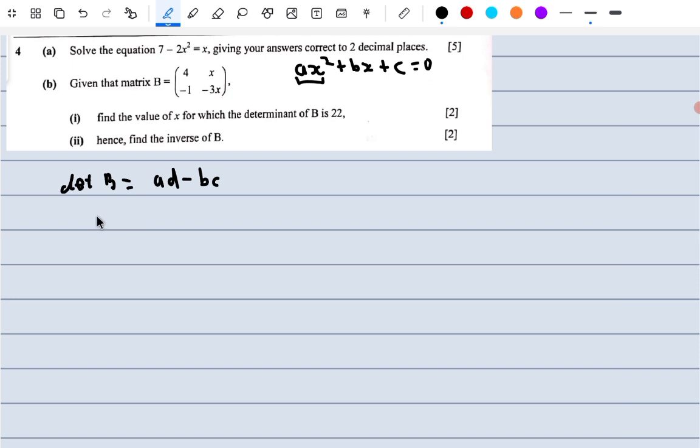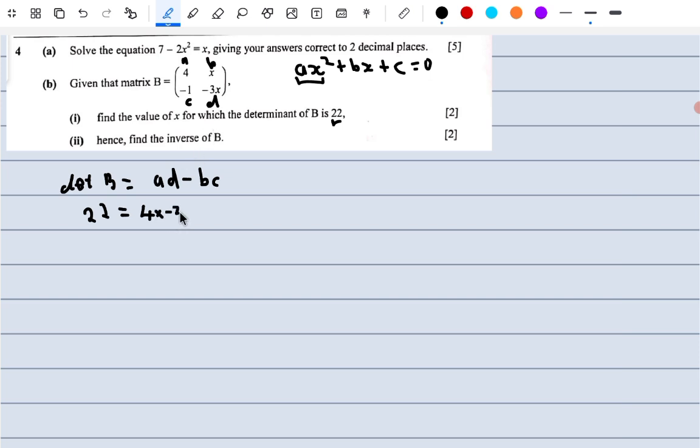Determinant B, we've been told determinant B is 22. We'll put 22 is equal to, so this is your A, this is your B, this is your C, and this is your D. So A is what? 4. 4 multiplied by D, which is what?